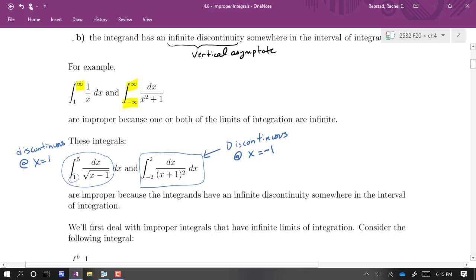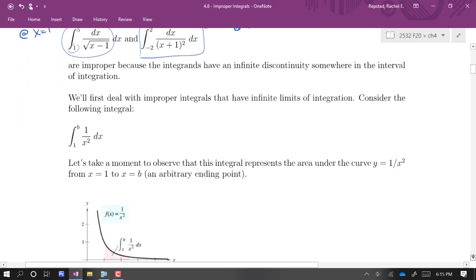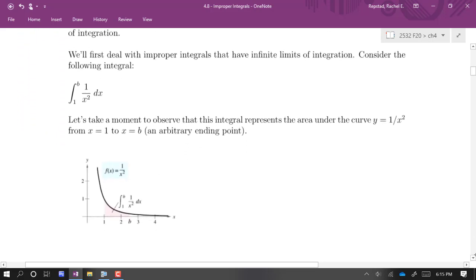So we're going to begin with an example that isn't really improper yet. Let's think about the definite integral from 1 to b. Imagine b is just any number that's bigger than 1, and I'm integrating from 1 to b the function 1 over x squared.